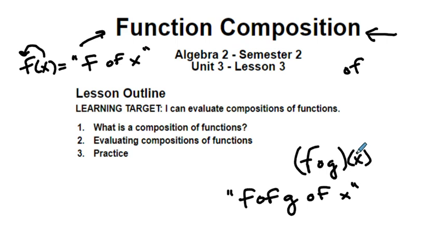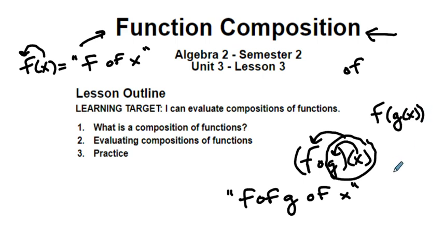What you'll do is always take this x and put it into g first. Then you take whatever that value is and put it into f. Another way you'll see this written, which to me makes more sense, is f of g of x with parentheses.